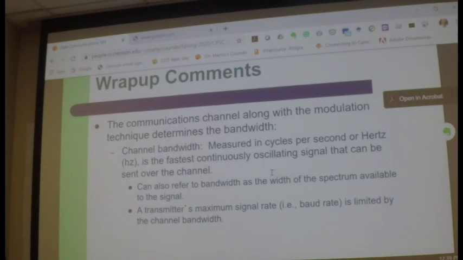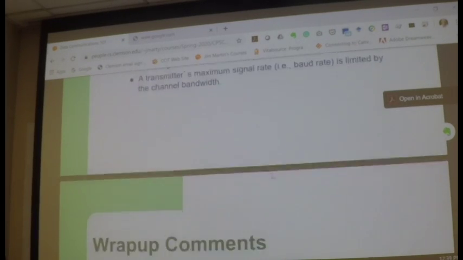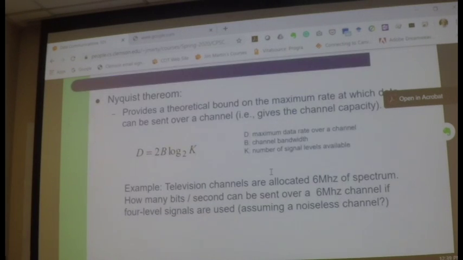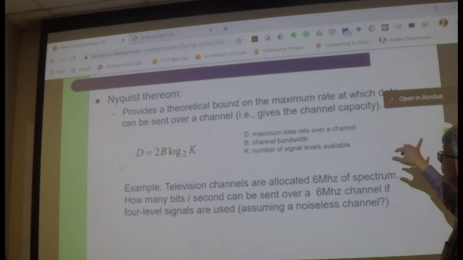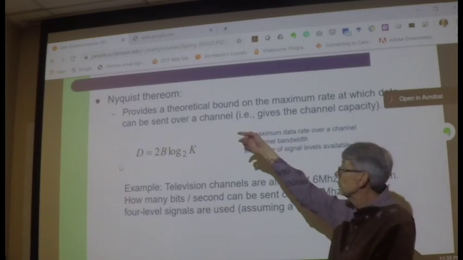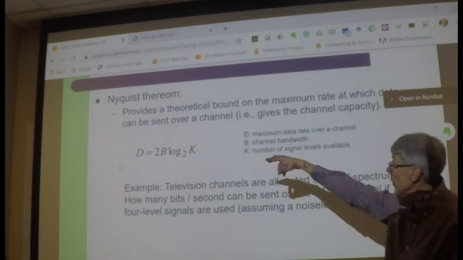In fact, the formula for telling the maximum rate is given by what's known as the Nyquist theorem.